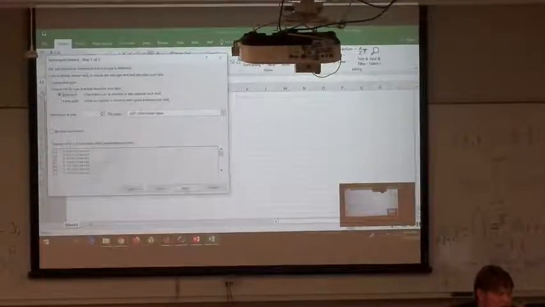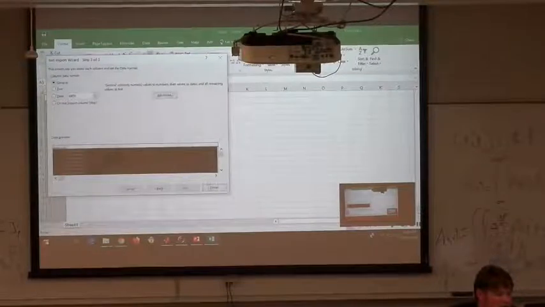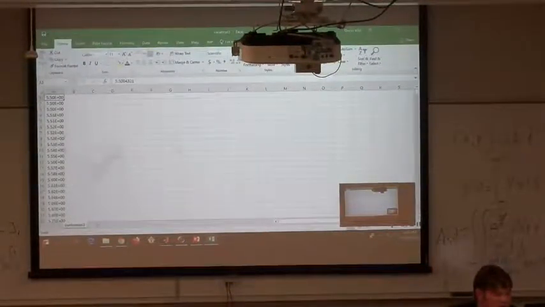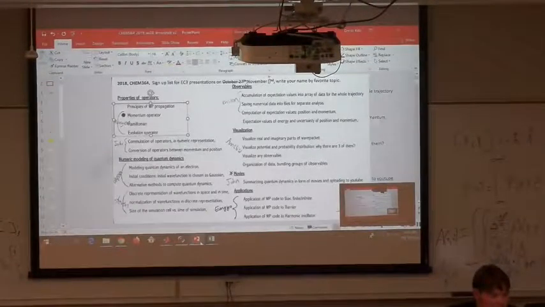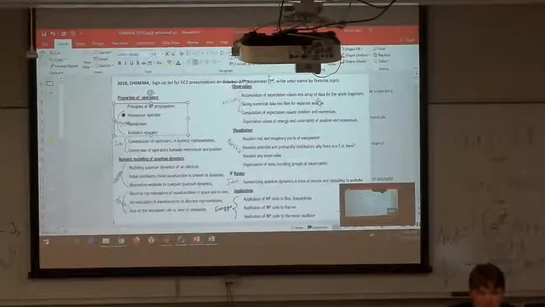So I'm opening this file, and now it is imported into Excel, and if you know how to plot with Excel, you can do it. You probably do it all the time, right? So, saving numerical data into files for separate analysis. Like if you do not like MATLAB and you are used to Origin or Excel or GNUplot, you can export data.